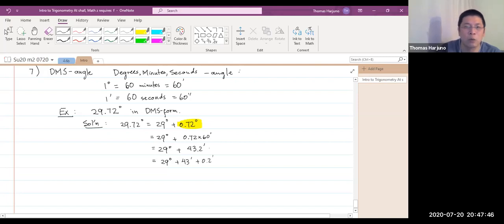Now, that's the one I multiply by 60 seconds. So that will be 29 degrees plus 43 minutes plus 12 seconds, which we will write as 29 degrees, 43 minutes, 12 seconds.